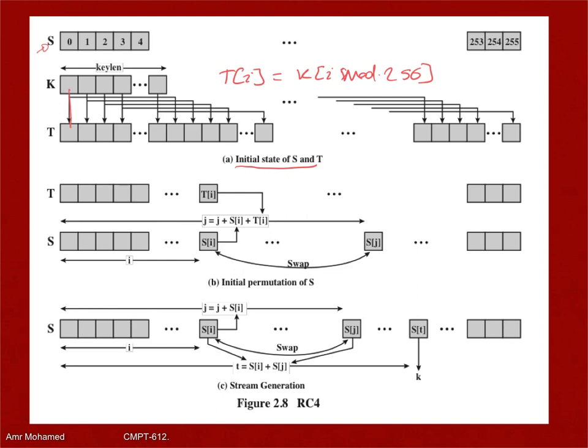Then we perform the initial permutation, which here means byte swapping. This initial permutation step has a fixed length. All we need to do is calculate j = (j + S[i] + T[i]) mod 256, then take this j as the index in S and swap S[i] with S[j].